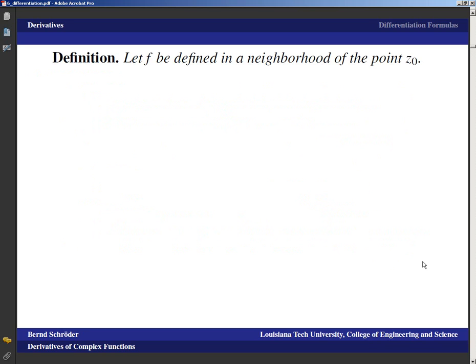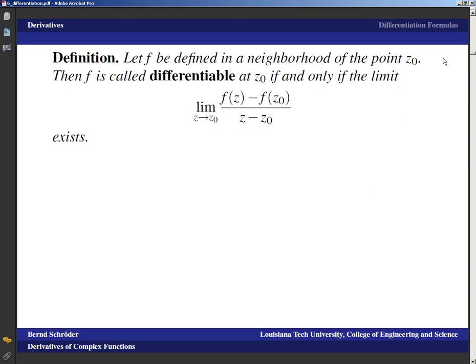Okay, so definition: if we have a function that is defined in a neighborhood of the point z0, then f is called differentiable at z0 if and only if the limit as z approaches z0 of f of z minus f of z0 divided by z minus z0 exists.